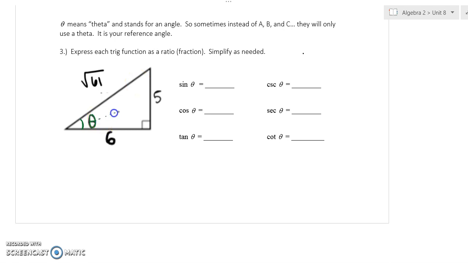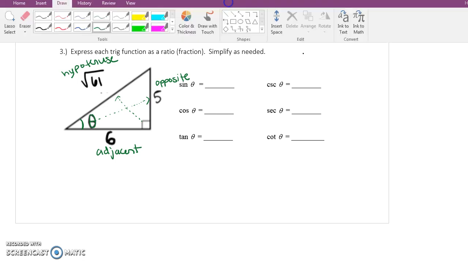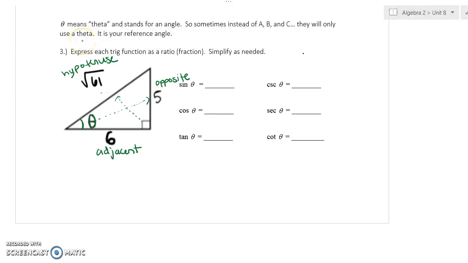So if this is the angle I'm looking at everything from, 5 is my opposite side because it is across from me. Now, across from the 90 is always the hypotenuse, so that's going to be my hypotenuse, which means that the only one I haven't labeled is my adjacent. I always leave my adjacent to the last labeling because I feel like that's the hardest one.